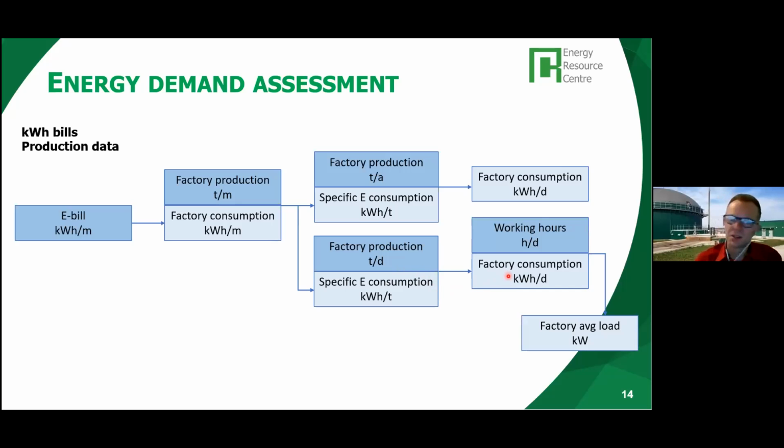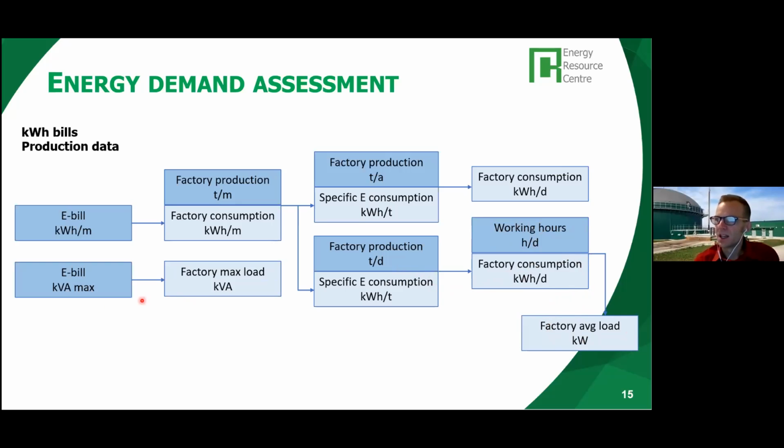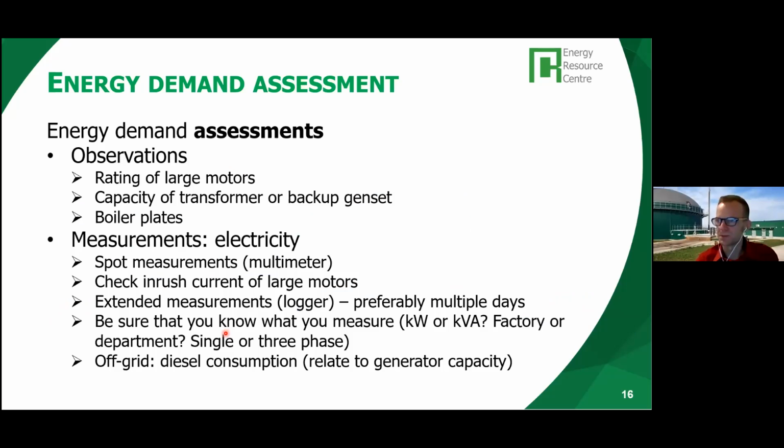And then again, as we saw in the previous schedule, if you know the number of working hours per day, then you can arrive at your average load at the factory. And then again, if there's an indication of the maximum kVA consumed at the factory, then this will give you your indication of the maximum load.